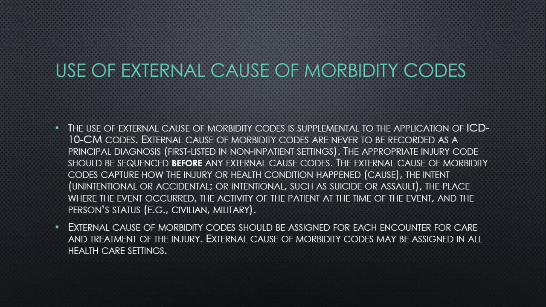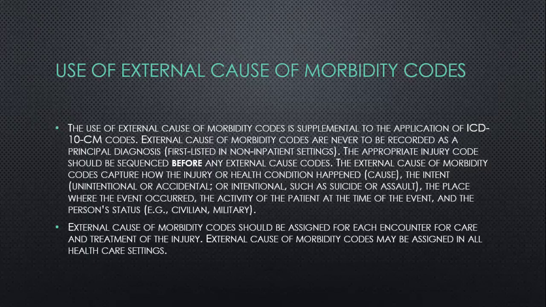So the appropriate injury code should be sequenced before the external cause code. So if there is a fracture, you're going to code the fracture before the external cause. Meaning where did it happen, when did it happen, and how did it happen?